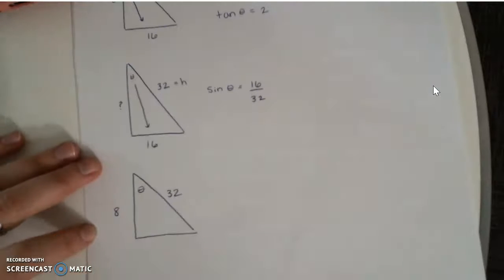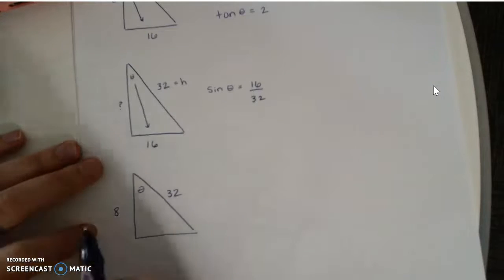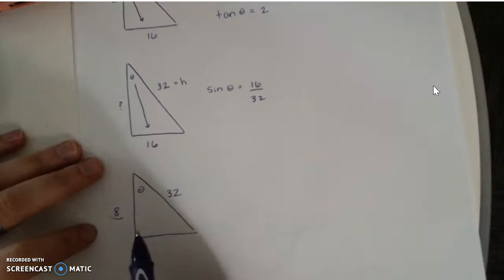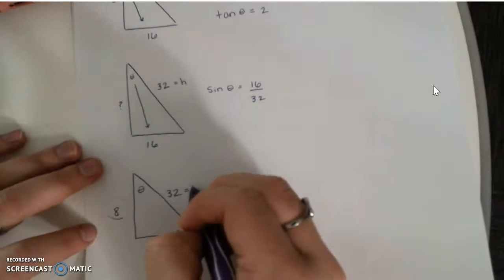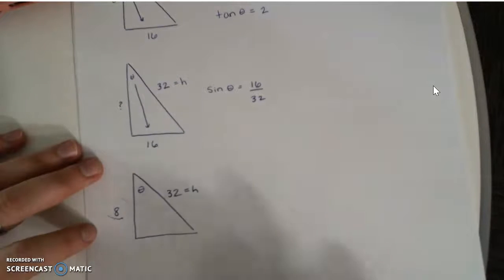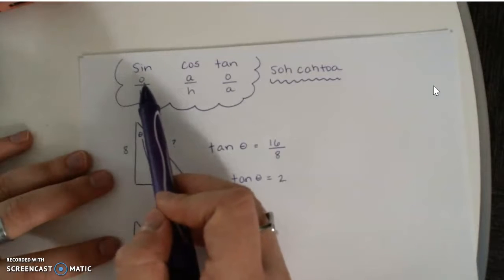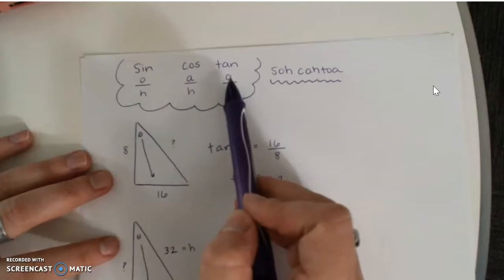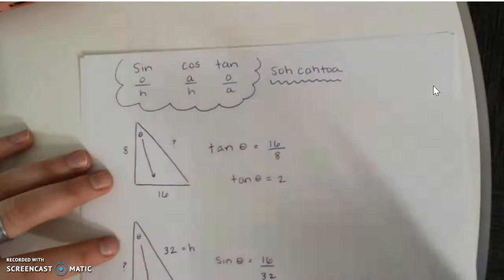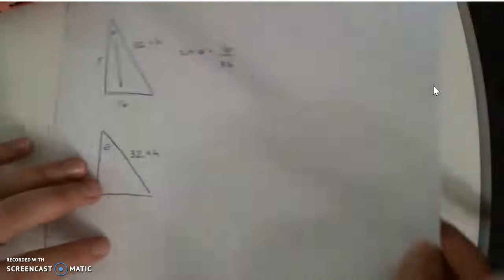All right, in this triangle, I only have my adjacent. Remember that adjacent means right beside it, and I have my hypotenuse. So I can't use sine because I don't have my opposite. I can't use tangent because I don't have my opposite, so I'm going to have to use cosine.